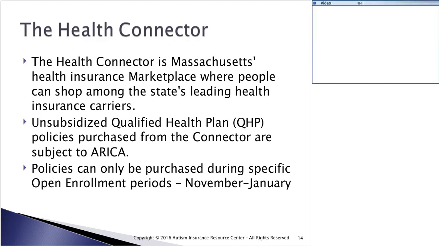So if you get insurance from the Connector, you don't have Connector insurance. You get insurance from one of the, I think, 40, 50 carriers that have plans through the Connector. So you might get insurance through Harvard Pilgrim Healthcare or Tufts or Neighborhood Health Plan or Blue Cross Blue Shield or any number of them.